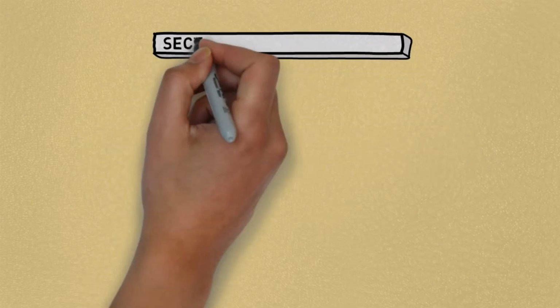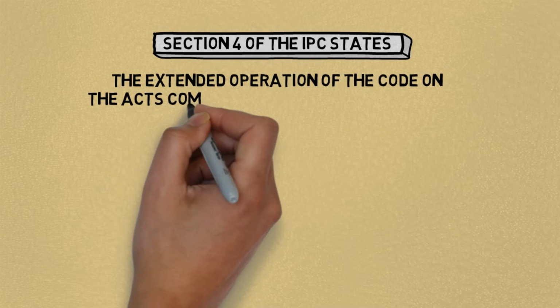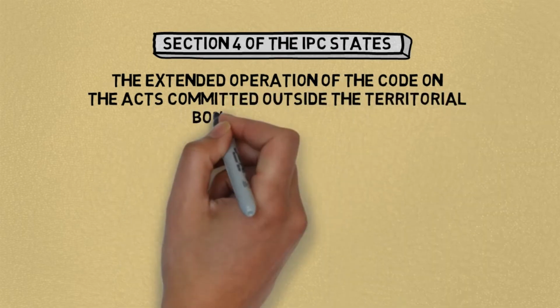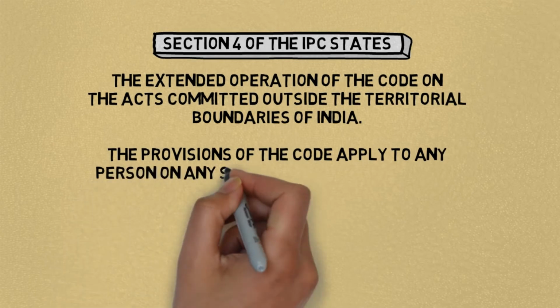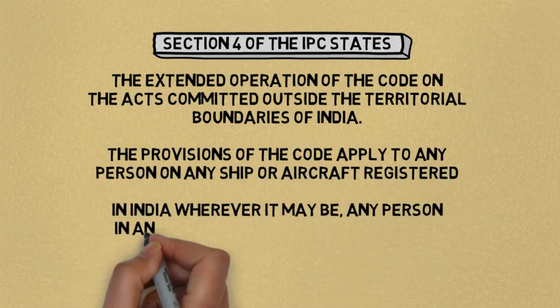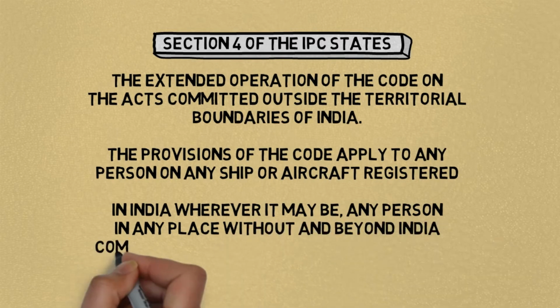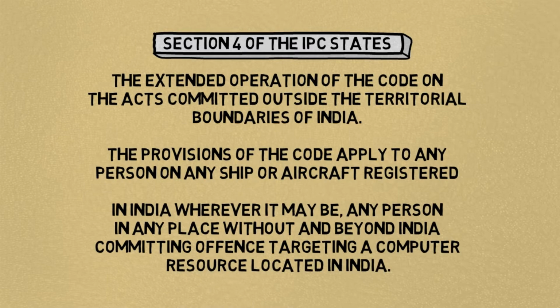Section 4 of the IPC states the extended operation of the code on the acts committed outside the territorial boundaries of India. The provisions of the code apply to any person on any ship or aircraft registered in India, wherever it may be, and any person in any place without and beyond India committing an offence targeting a computer resource located in India.